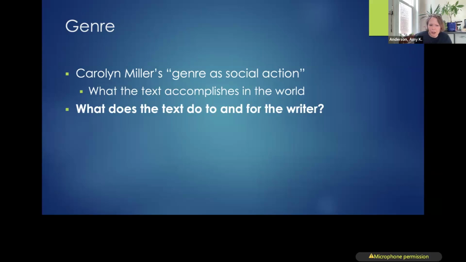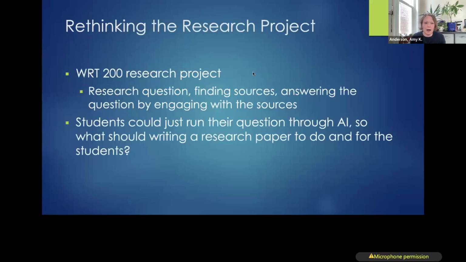But if part of genre is what the text does to and for the writer, then suddenly it matters whether a research paper is generated by the student or by ChatGPT. That was the question I took with me as I started to rethink this research paper.